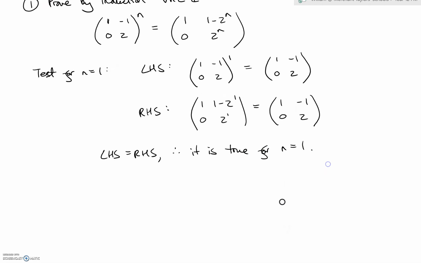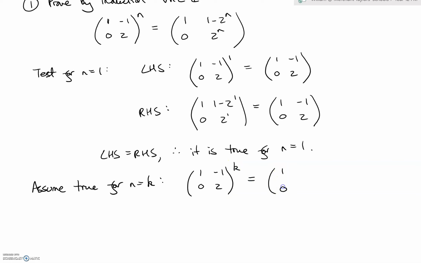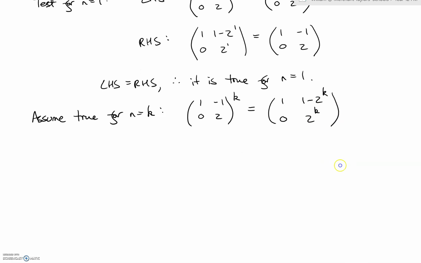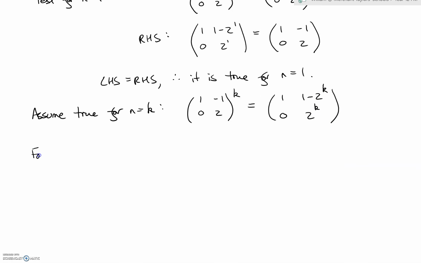And then again, we assume that it's true for n equals k, and we must write that step in. And for n equals k, that means we replace the n with the k. We're assuming that it's true, so we replace the n with the k on this side as well. And then we look at n equals k plus 1.